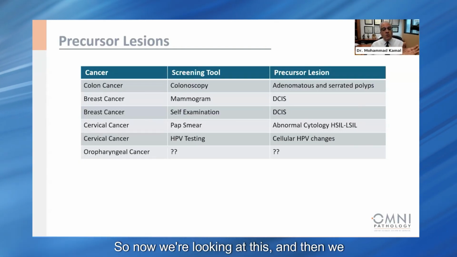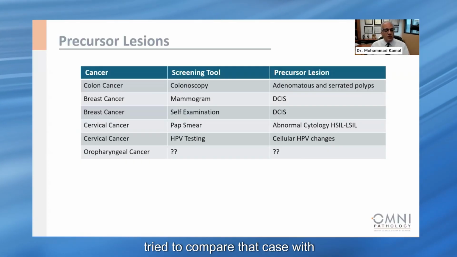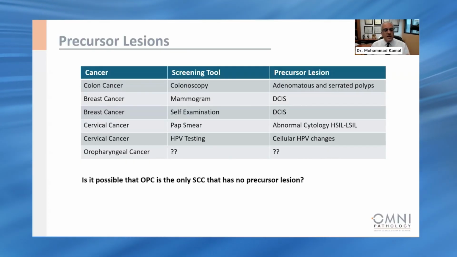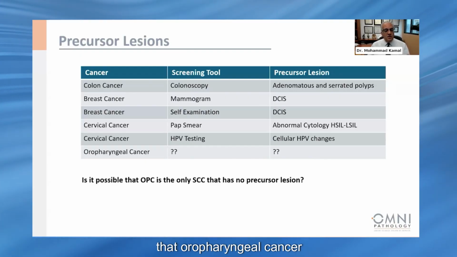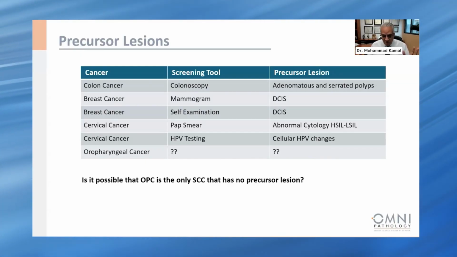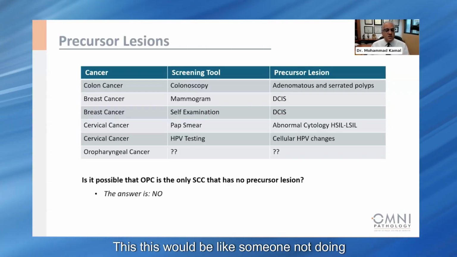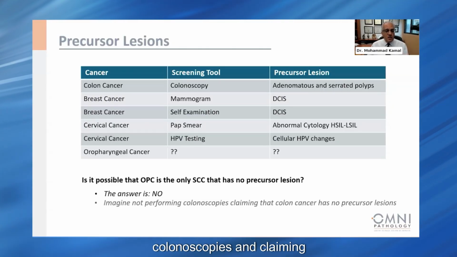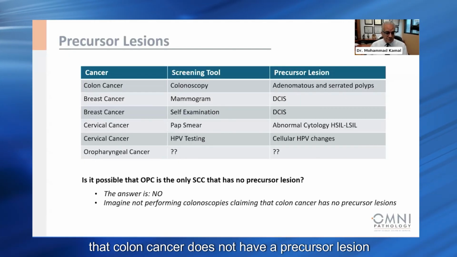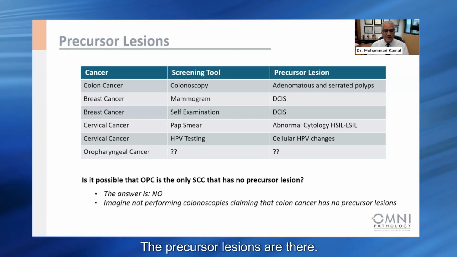So now we were looking at this, and then we tried to compare that case with oropharyngeal cancer. And we are asking, is it possible that oropharyngeal cancer is the only squamous cell carcinoma that has no precursor lesions? Of course not. This would be like someone not doing colonoscopies and claiming that colon cancer does not have a precursor lesion. The precursor lesions are there.